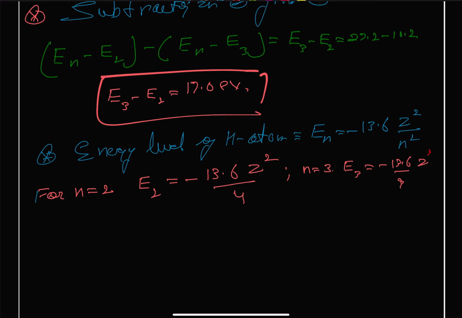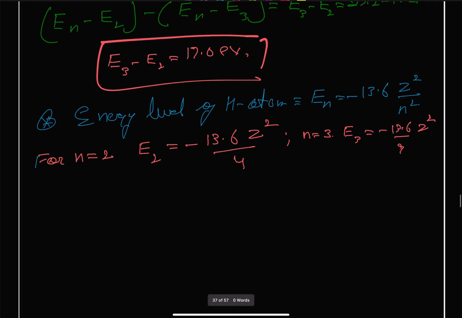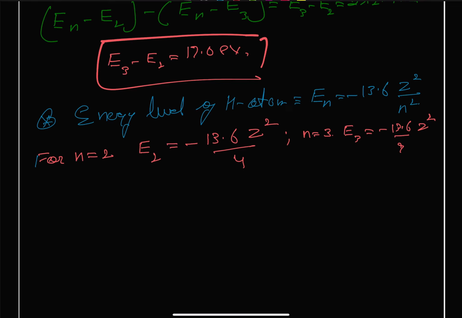So we write E3 minus E2, taking minus 13.6 Z square common, as 1/9 minus 1/4.